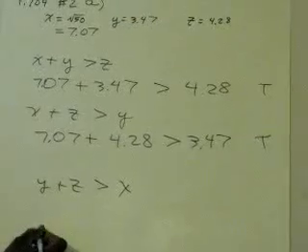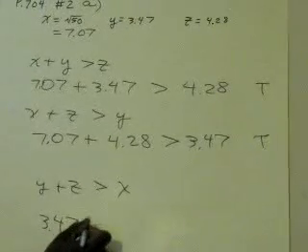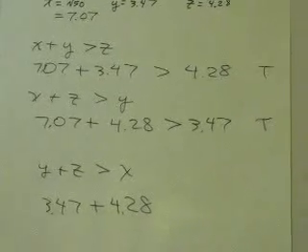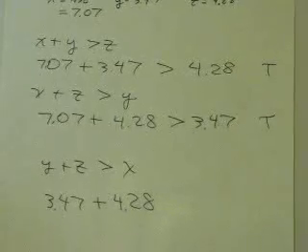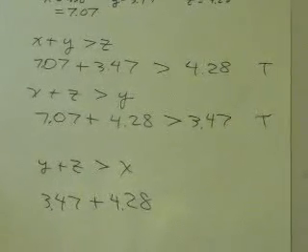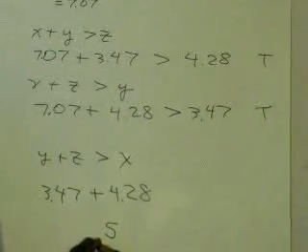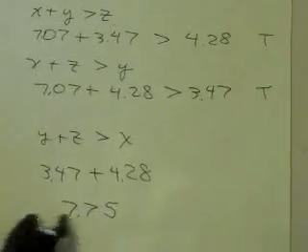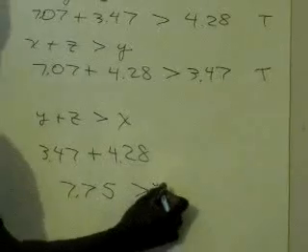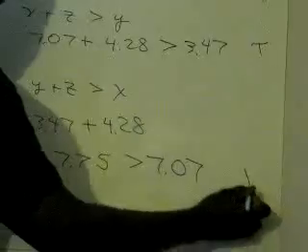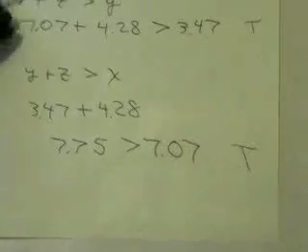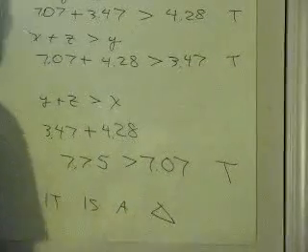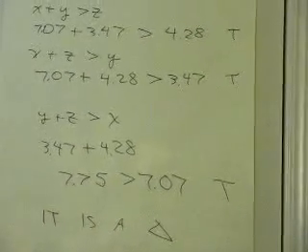The third one, 3.47 plus 4.28, I'll actually add those two together. That's 7.75, and that is more than 7.07, and that's true. It is a triangle. If any one of those had been false, we would not have a triangle.